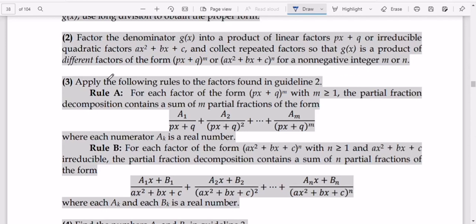The third guideline is that we are going to apply the following rules to the factors found in guideline 2.